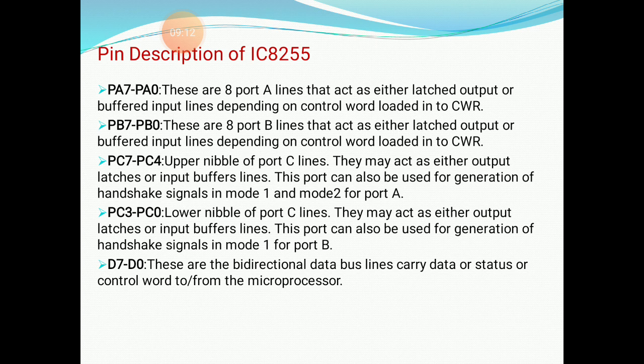PC7 to PC4 are called the upper nibble of port C lines, called PCU. These lines act as either output latches or input buffer lines. These lines can also be used for generation of handshake signals in mode 1 operation, and in mode 2 operation for port A. PC3 to PC0 are called port C lower, PCL.